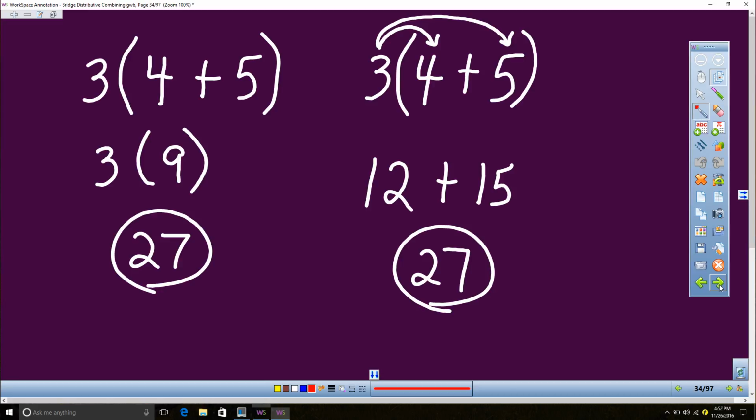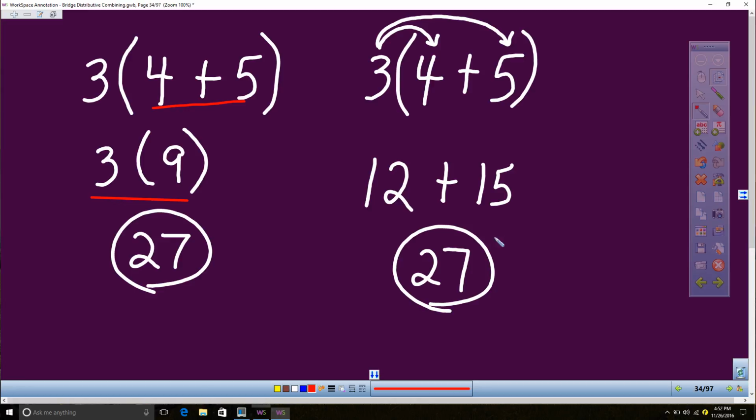So when do I use the distributive property? Well, notice on the left here, by using the order of operations, I only had to do 2 calculations. I added once, and then I multiplied. But on the right, when I used the distributive property, I multiplied twice, and then I added. So actually, using the distributive property was harder.